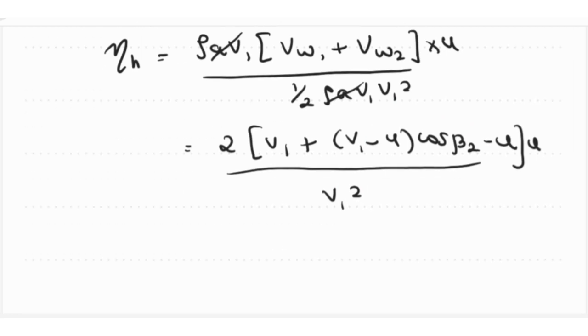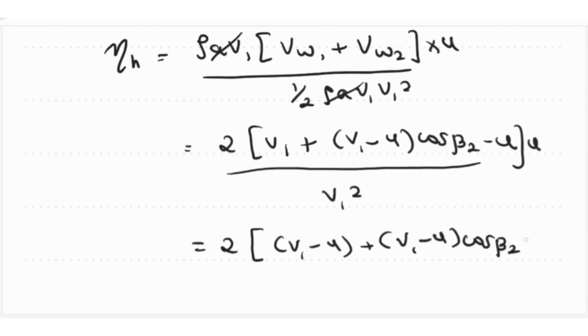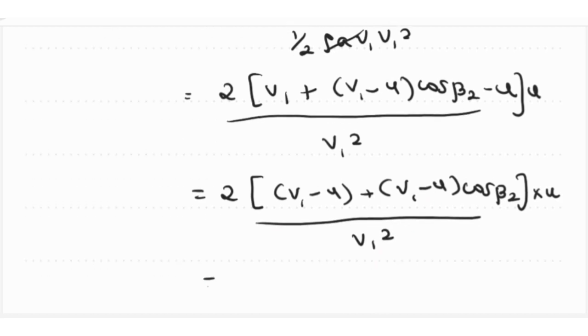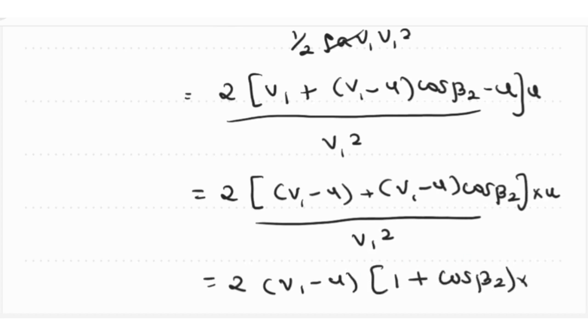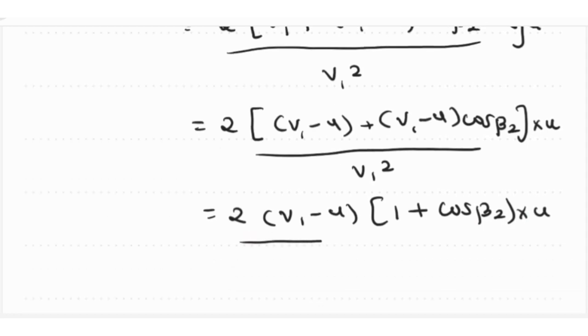So here we can solve it like 2 into v1 minus u is common, so we will get v1 minus u into 1 plus cos beta 2 into u divided by v1 square.